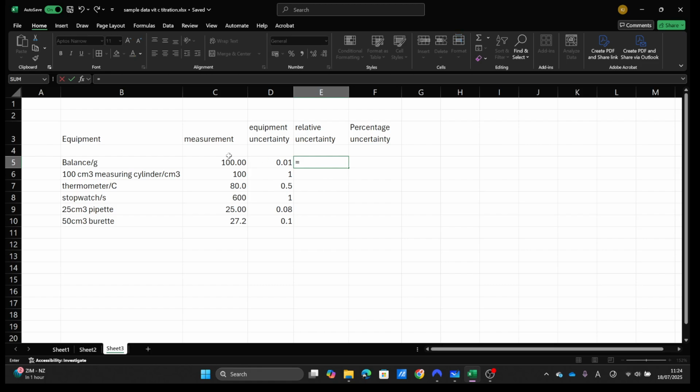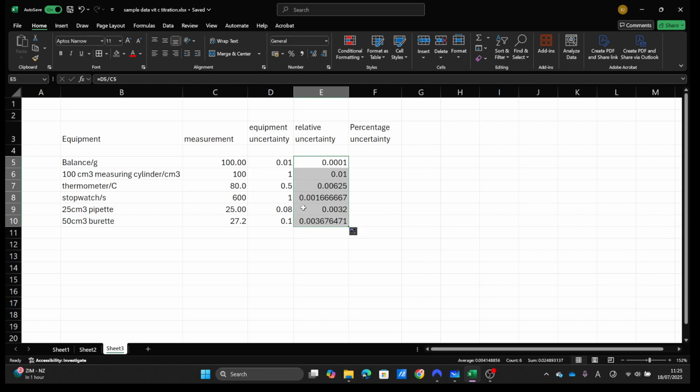So work out, the reason why I haven't put units on is so I can use my spreadsheet to do the calculations for me, and that's going to be equipment uncertainty divided by measurement. And I can bring this back down here. Okay, now each of these you can see a different number of decimal places, but the uncertainty of the equipment is always 1 sig fig.